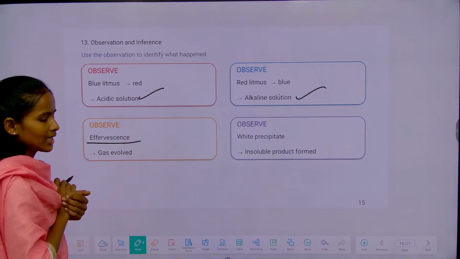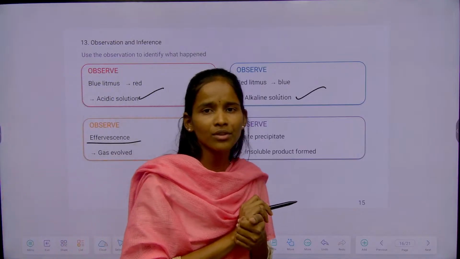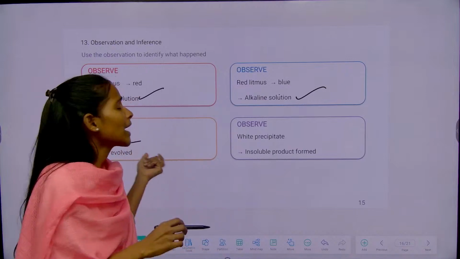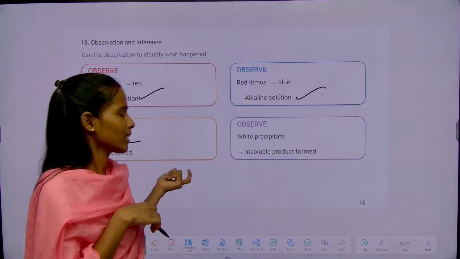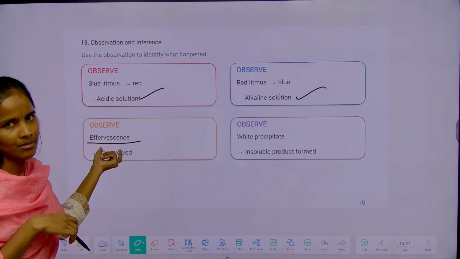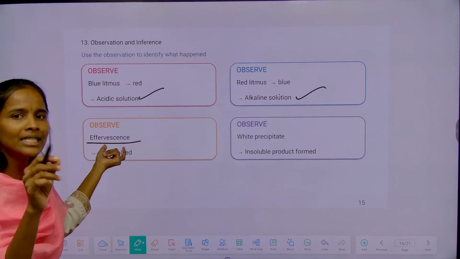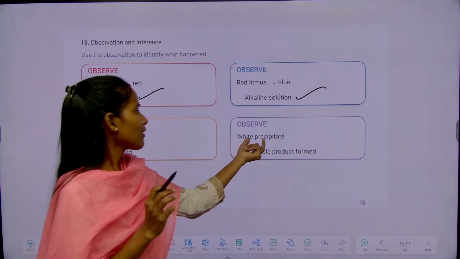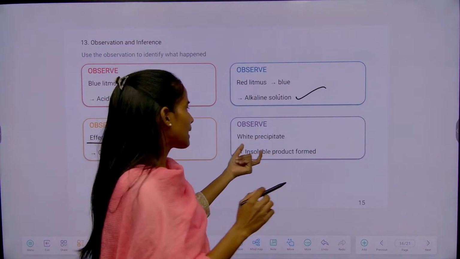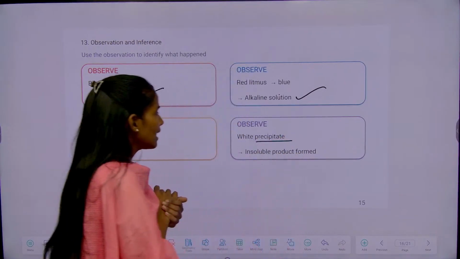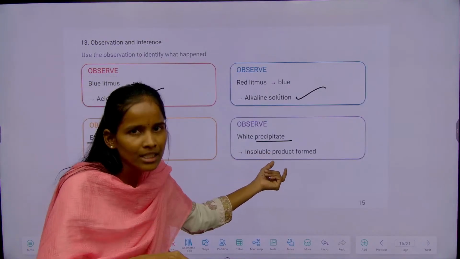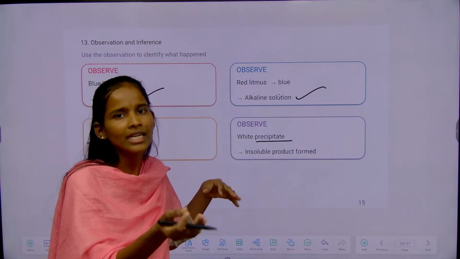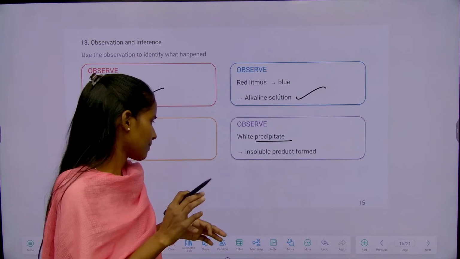And effervescence: we have discussed how to do the confirmation test for three different gases. First, how to identify that gas is produced in the reaction, that is due to effervescence. It means if gas bubbles are there, then we can confirm that some gas is evolved. Next, if any PPT is produced, PPT means precipitate. If any insoluble solid is produced, then we call such reactions precipitation reactions, and the insoluble solid we call a precipitate.